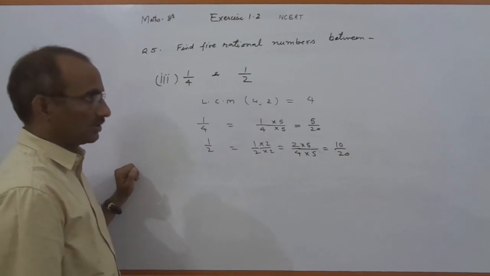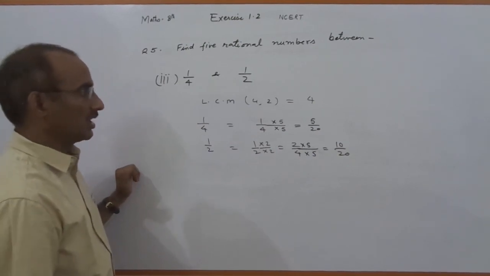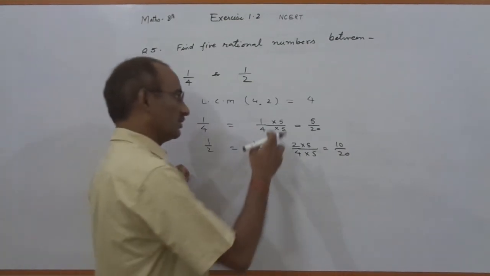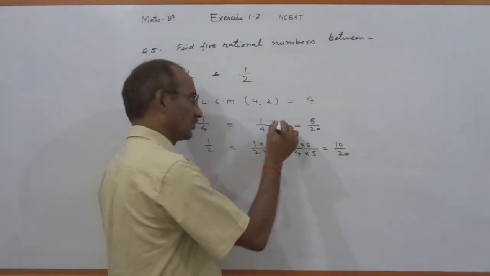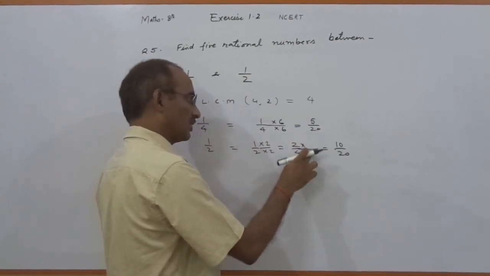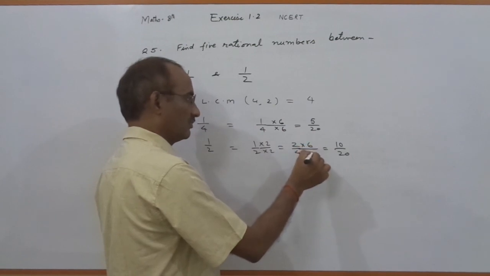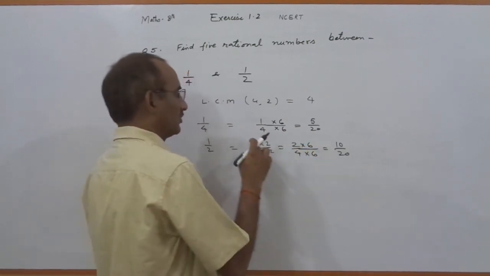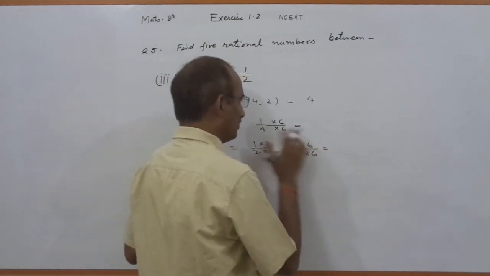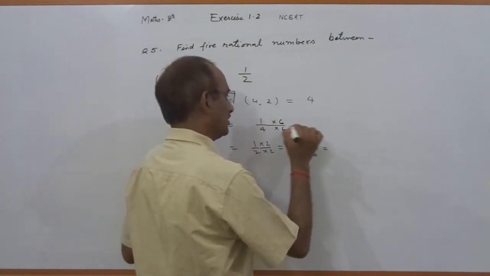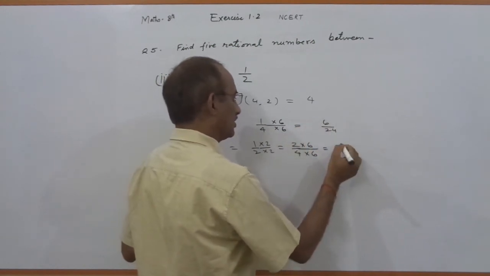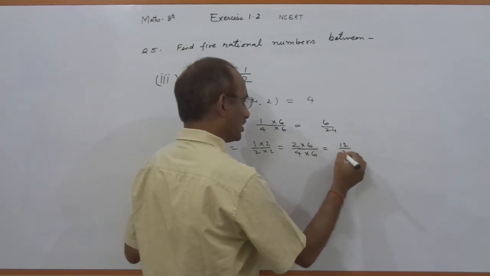There are only 4 rational numbers like this. So you have to multiply it by 6 to increase the number of rational numbers between 1 upon 4 and 1 upon 2. If we multiply with 6 in numerator and denominator, we get 6 upon 24 and 12 upon 24.